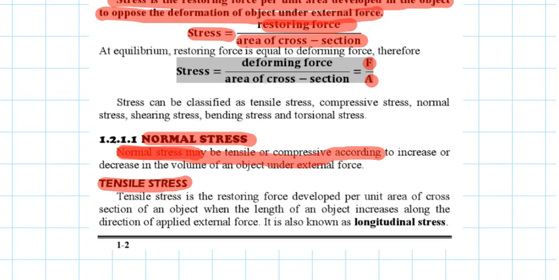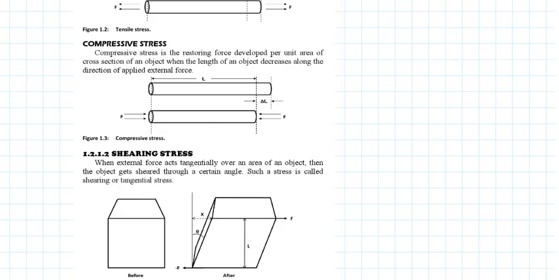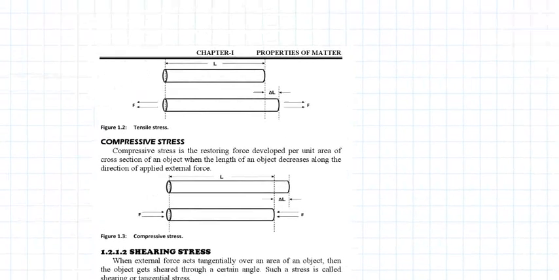Suppose we have an object of length L. If we stretch the material by pulling it from both ends, its length will increase by a magnitude delta L.